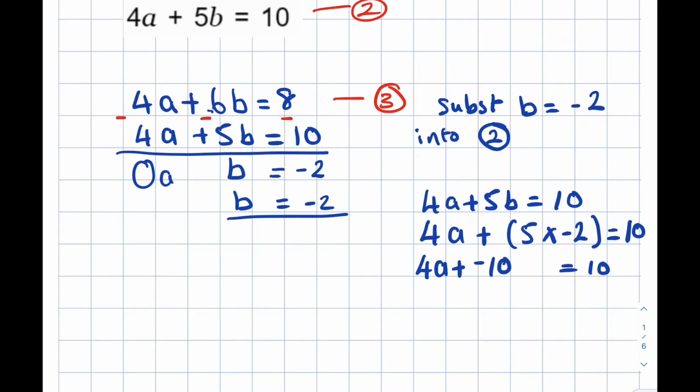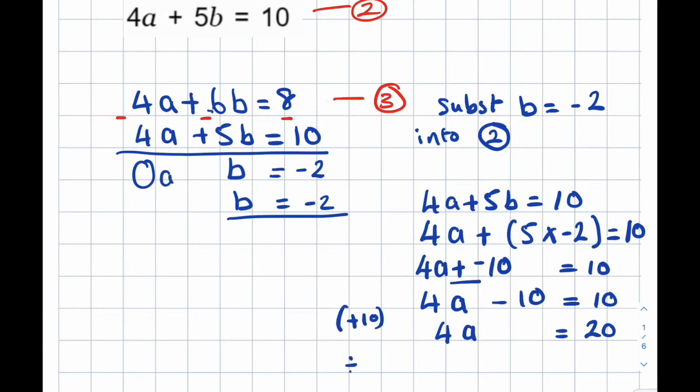Plus and a minus gives a negative, so that's going to be 4a take away 10 is worth 10. Now in order to get the 4a on its own, we're going to add 10 to both sides, which will give 4a equals 20.